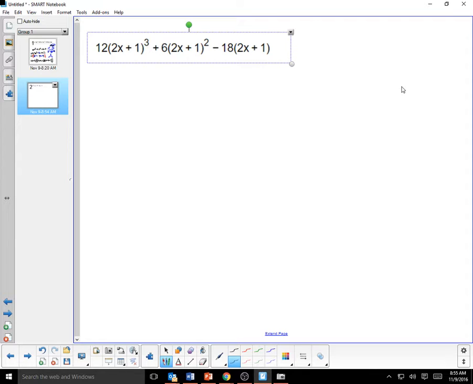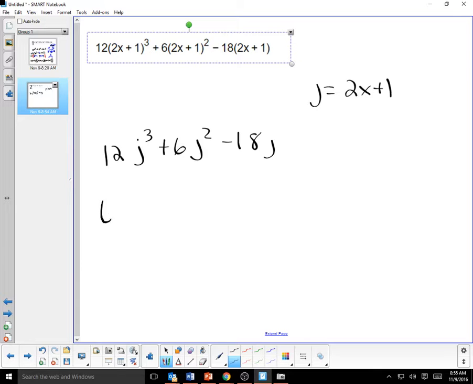So, let's go with J for Jacob, or Josh, or whatever you want to be. So this is going to become a 2x plus 1. We'll plug it back in later. So we've got 12j to the third plus 6j to the second minus 18j, right? So we can factor out 6, is it? 6j squared?